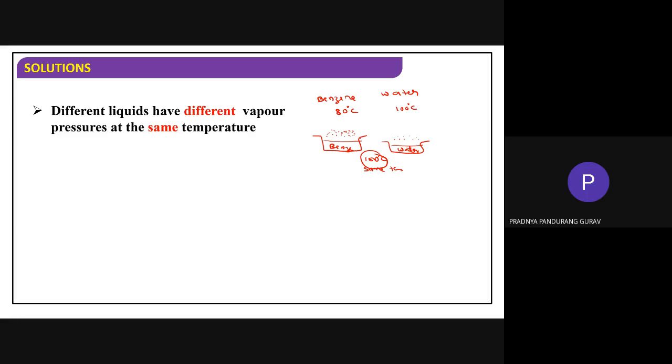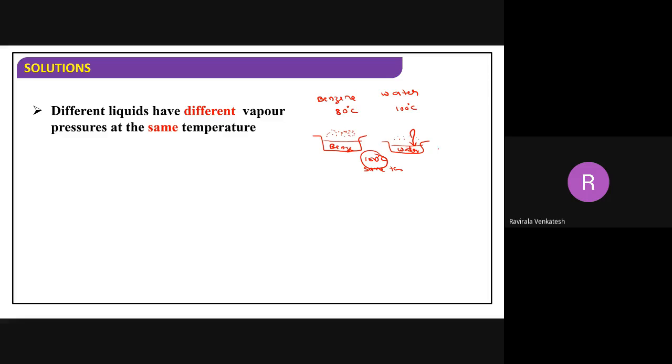Benzene. Because at 80 degrees Celsius itself, benzene is converting into vapor. For water, it needs 100 degrees Celsius. When condensation takes place, the reverse happens: the vapor converts back into water.